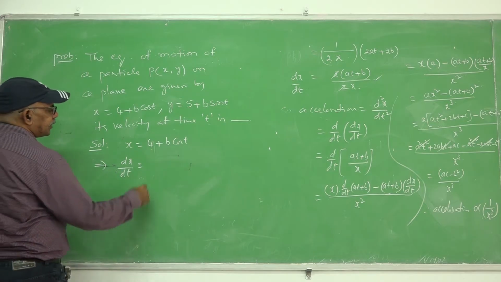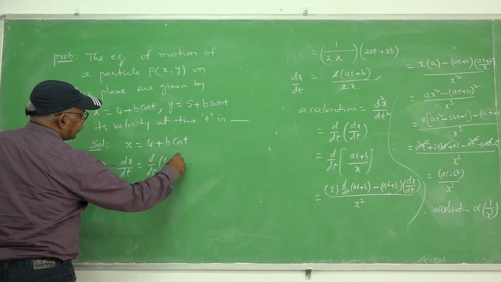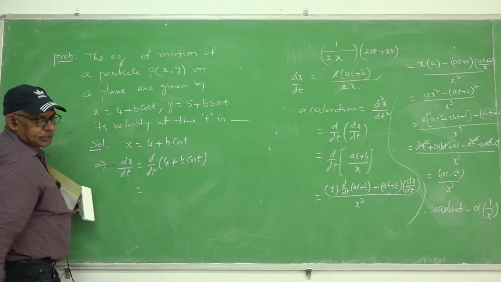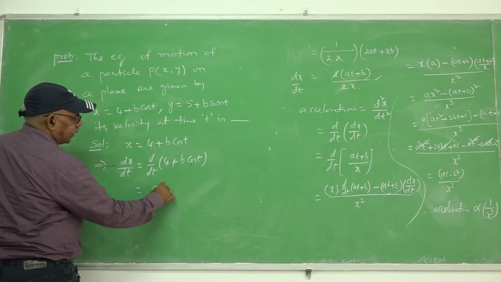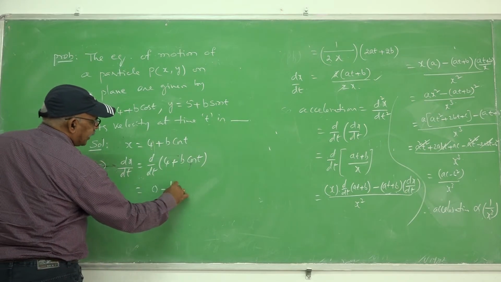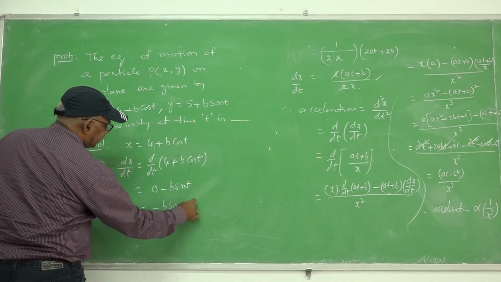Given x equal to 4 plus b cos t, dx by dt is d by dt of 4 plus b cos t. For the constant, the derivative is 0. For cos t, the derivative is minus sin t. So it is minus b sin t.